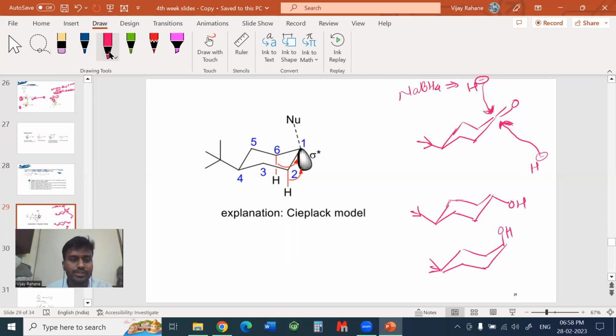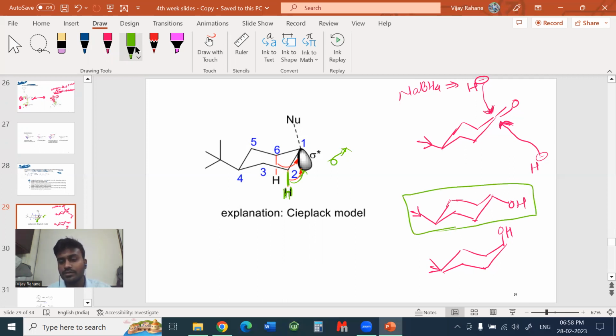These hydrogens, as shown here, help in stabilizing the antibonding orbital, that is the sigma star orbital, right? And because of that, the OH will go to the equatorial position and forms the major product. That's why the nucleophile attacks axially, and the OH goes to the equatorial position.